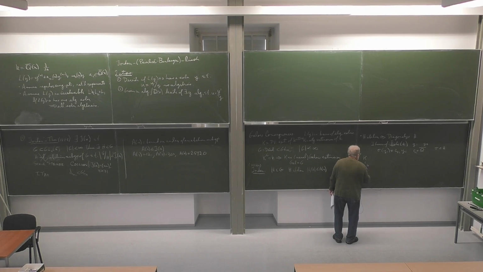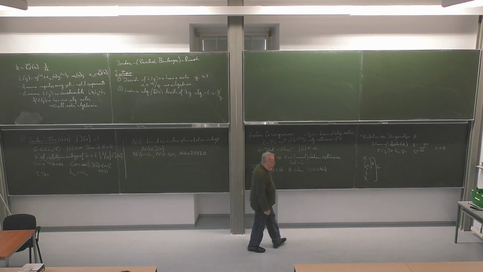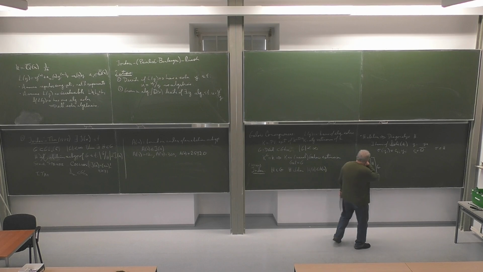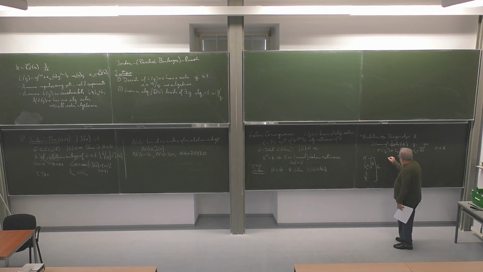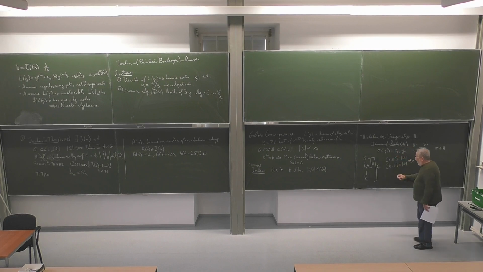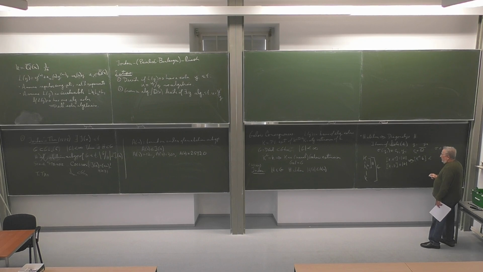Intermediate to it, there's the fixed field of H. The Galois group of K over this is H, and over the big field, it's G. Galois theory tells me that the index of K to K^H is the size of H, and the index here is the size of G. And so we know that K^H over k as a vector space has dimension equal to the size of this.